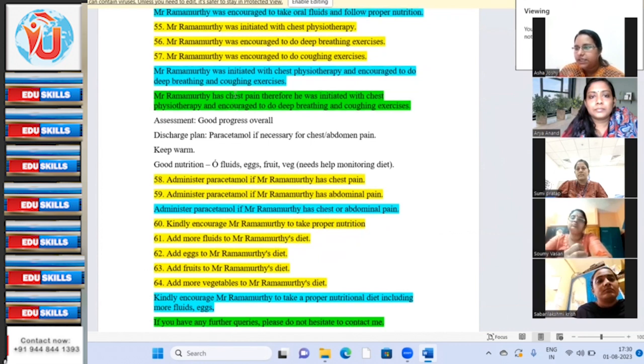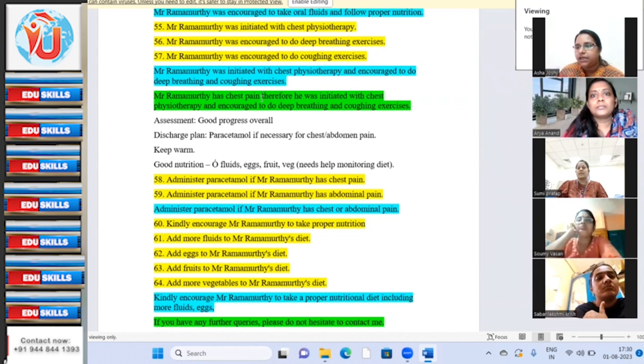Therefore, he was initiated on chest physiotherapy and encouraged to do deep breathing and coughing exercises.